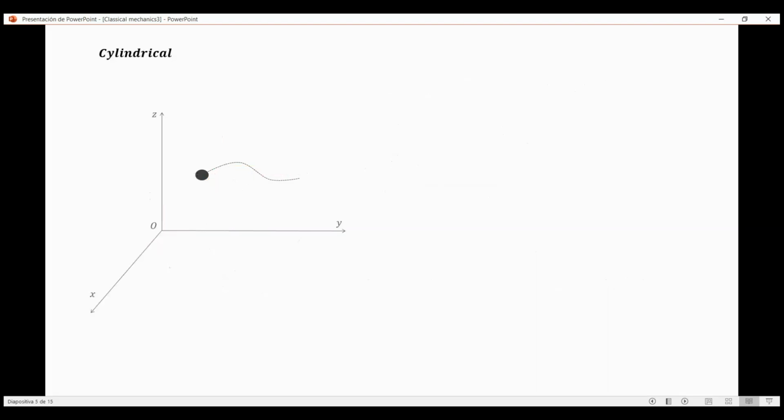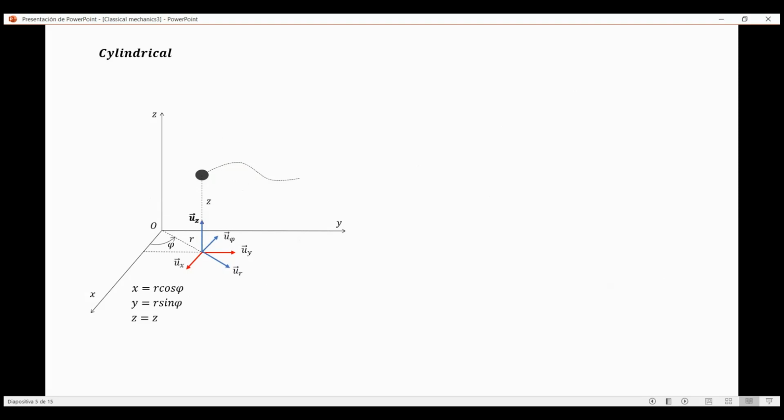In cylindrical, we've got that the coordinate x is just, by trigonometry, r cosine of phi. The y coordinate is r sine of phi, and the z coordinate is z. There we've got the usual basis, ux, uy, uz, and we are going to introduce a new orthonormal basis formed by these three vectors here.